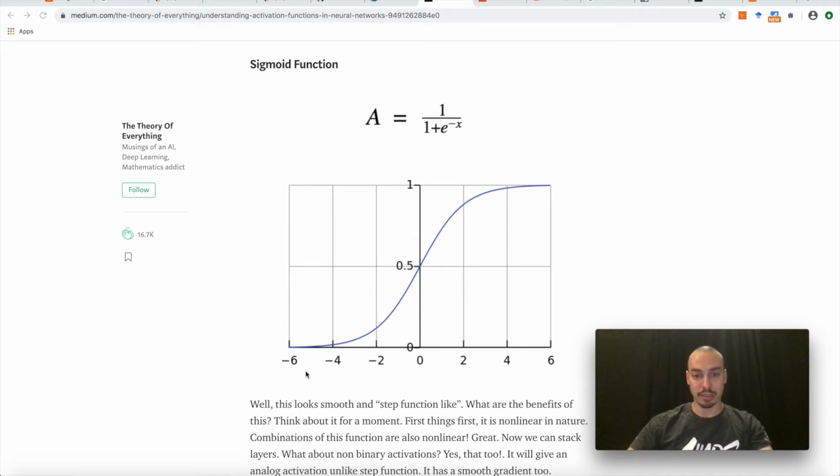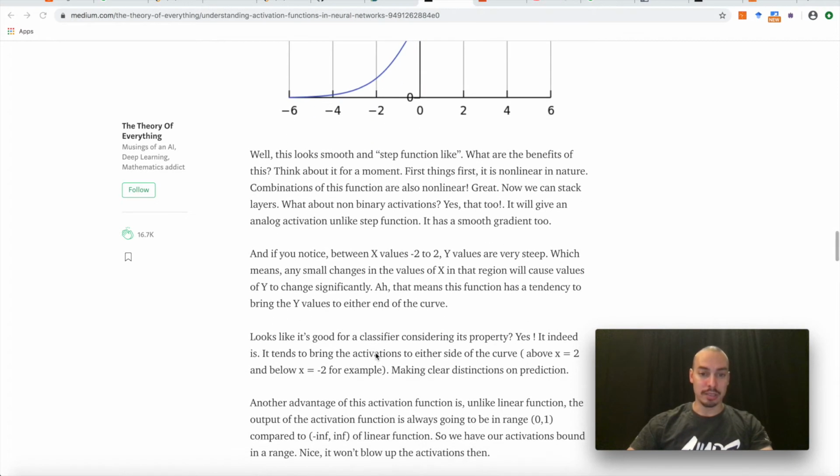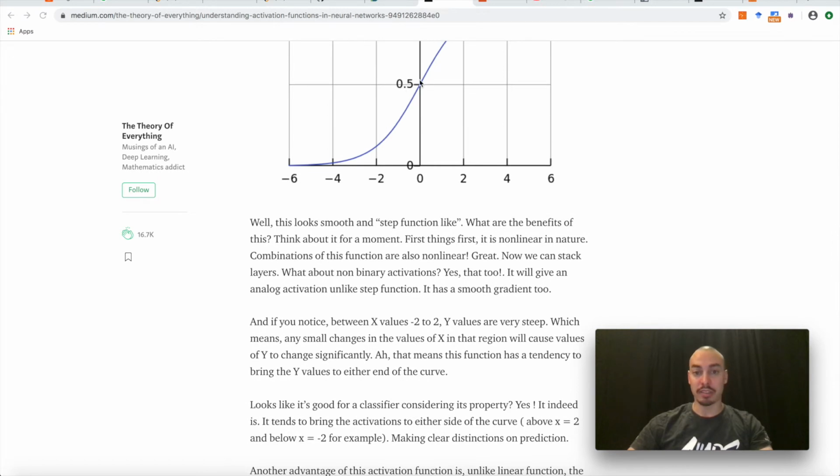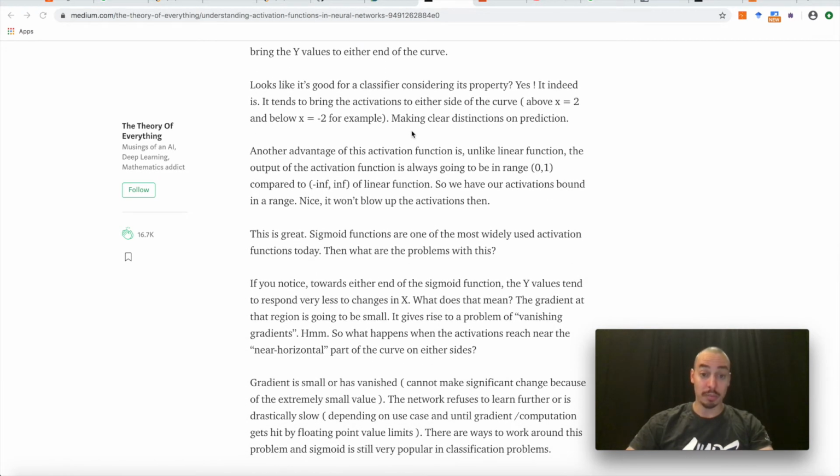It looks like this, called Sigmoid because it kind of looks like this S shape that asymptotically moves towards 1 and asymptotically moves towards 0 for x going to plus infinity and minus infinity. And at 0, we have exactly 0.5. So that's basically how Sigmoid looks.